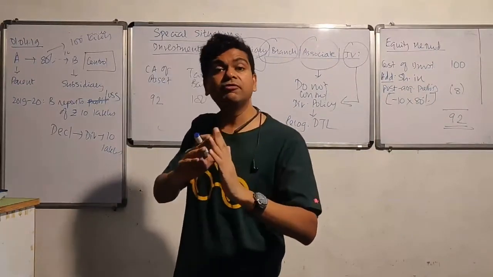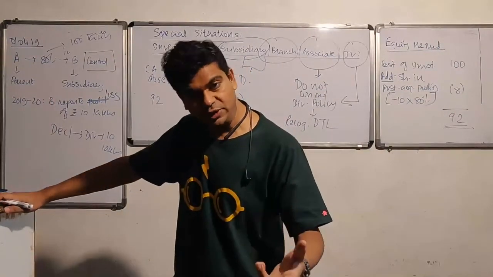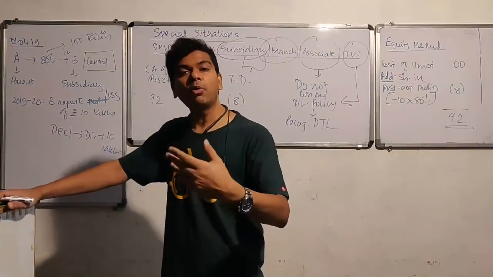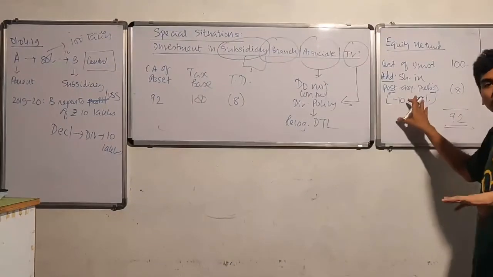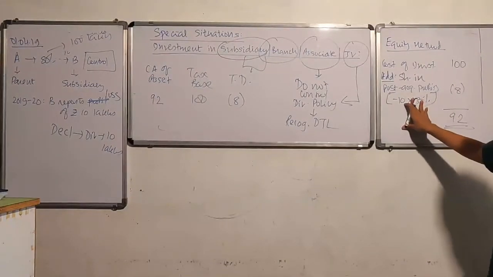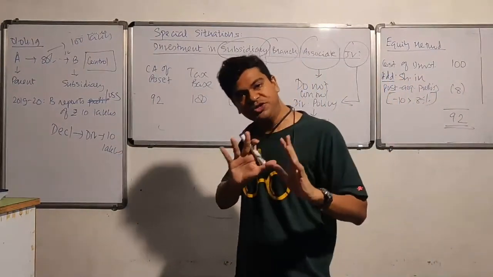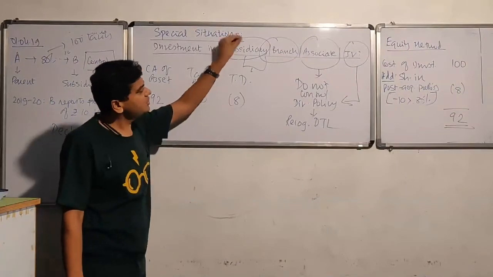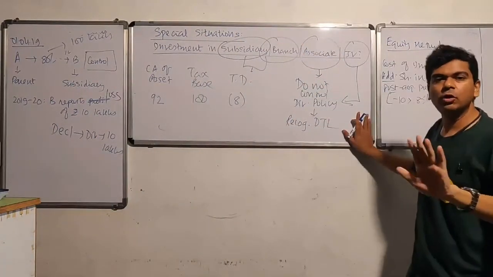This particular difference cannot be reversed by controlling the dividend policy. And see, it's a loss. You can pay dividends when there are profits. When you are incurring a loss, you can't say I will declare dividend and reverse this particular difference. It's not possible. So Ind AS 12 now says, irrespective of whether you have investment in subsidiary, branch, associate, joint venture, everywhere the treatment will remain the same.